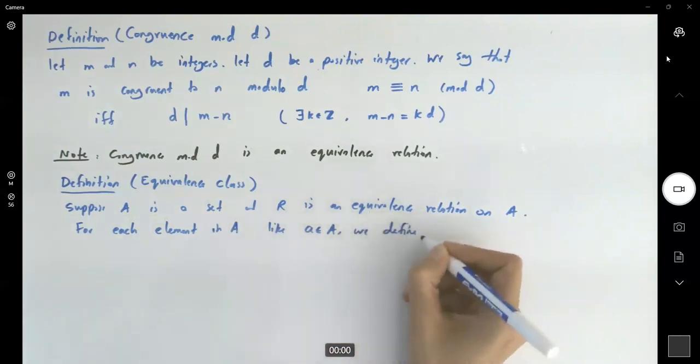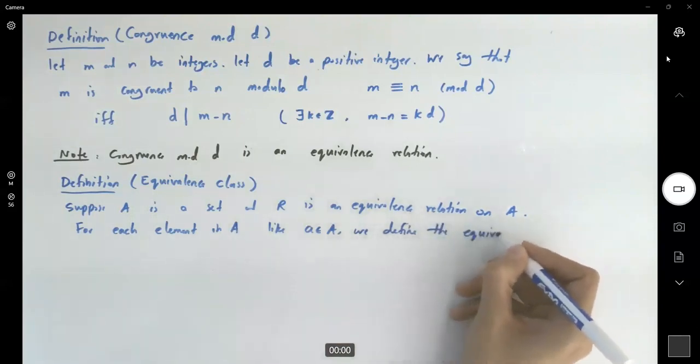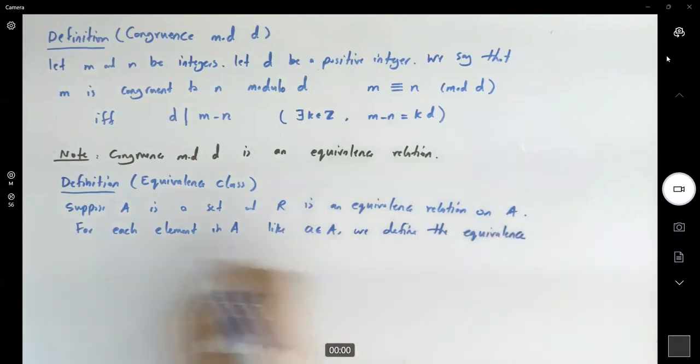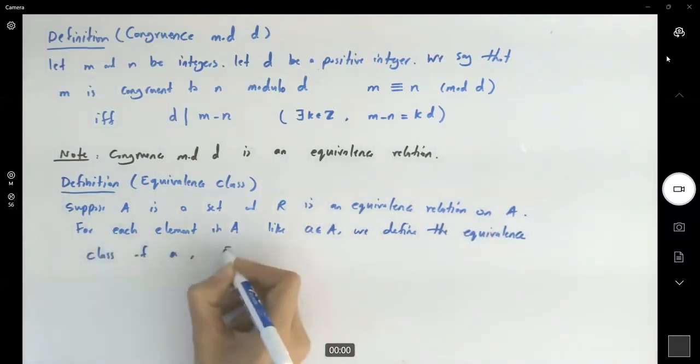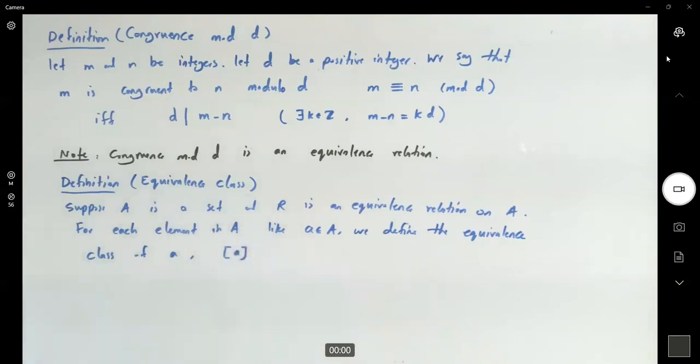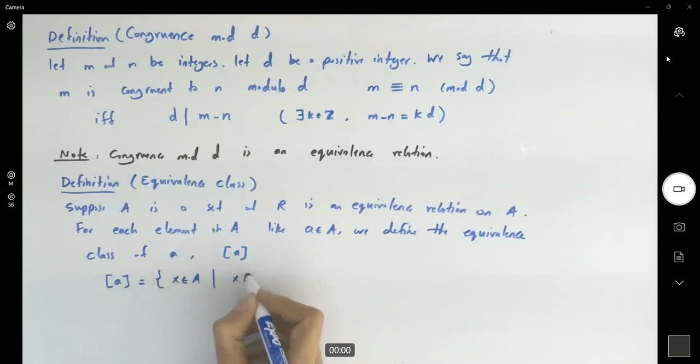We define the equivalence class of a, denoted by bracket a. It's defined as follows. The equivalence class of a is the set of all elements in set A that are in relation with a.